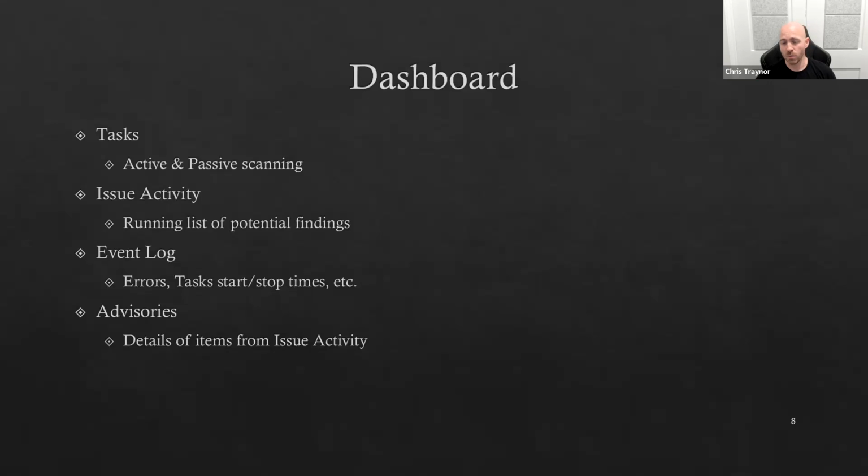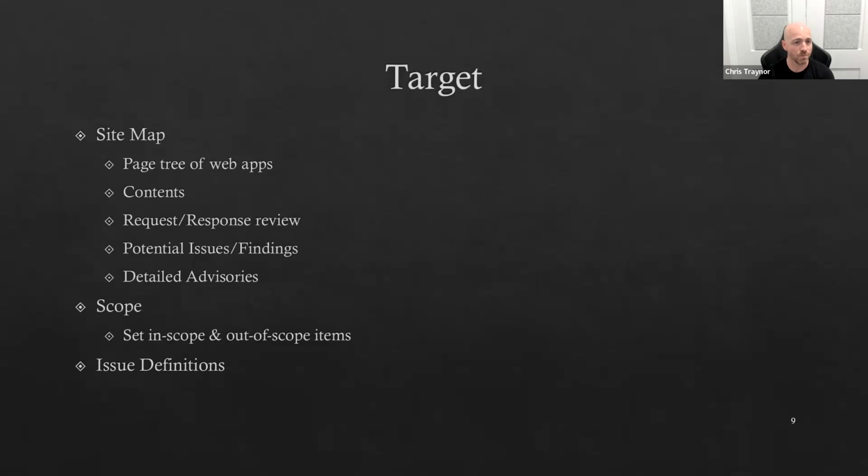An event log, which is more just an event log of the tool itself, not an event log of the requests and responses necessarily that you're sending, but an event log of the tool. I'll show you what I mean later. And then there's a huge list of advisories. So you can click on a potential issue and it will show you the details of that advisory, is what they call it. Advisory, issues, kind of interchangeable in the Burp world.